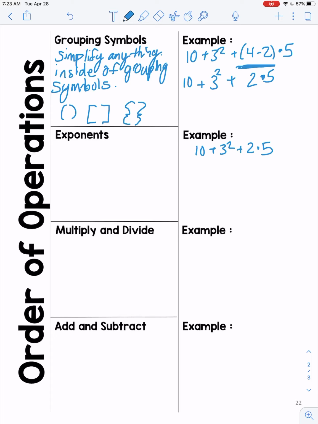So our first step is grouping symbols, our second step is exponents. After we have all of our grouping symbols eliminated, we simplify any term that has an exponent.